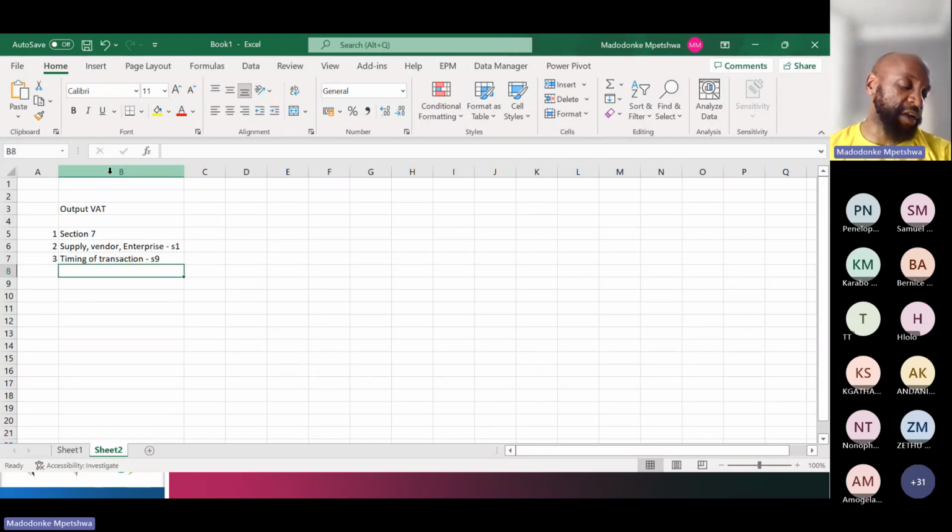So when we're saying the earlier of payment or invoice, we're not trying to be funny, it's what the legislation says, which is what I've just read now.